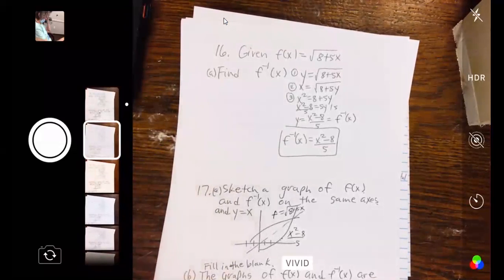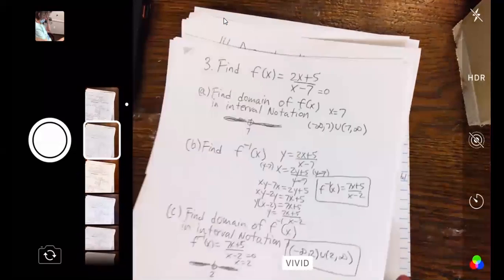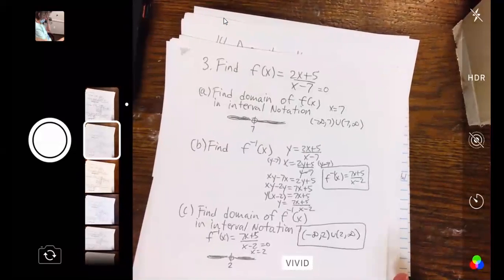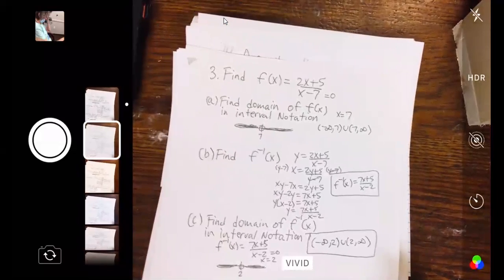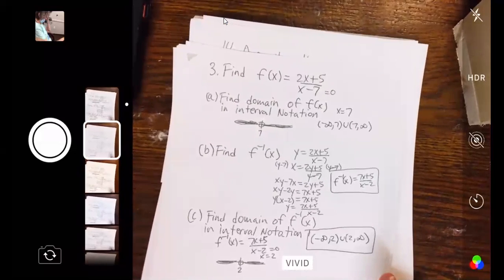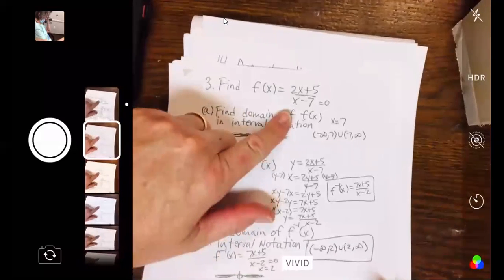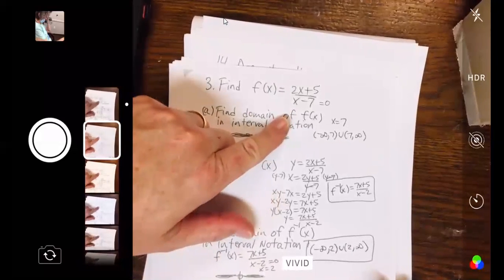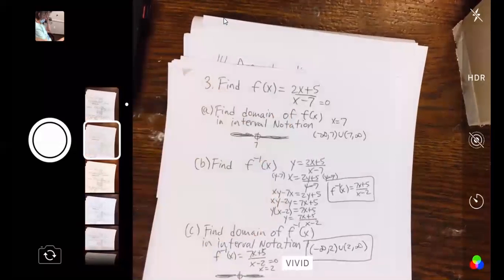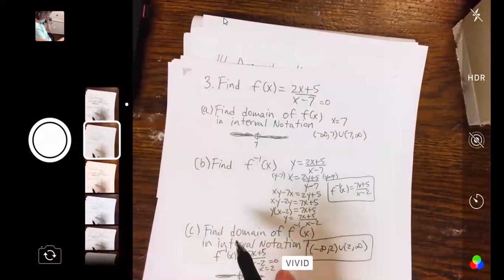Actually, number 3, real quick. Number 3A, it's still the same thing about the interval notation, because f of x is equal to 2x plus 5 over x minus 7. So why is it equal to 0 and why is it not greater than?